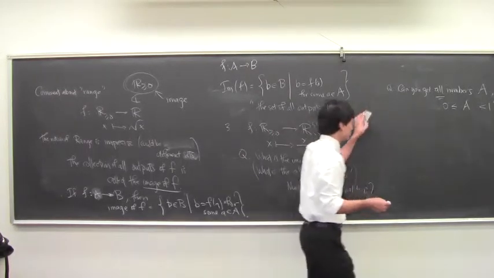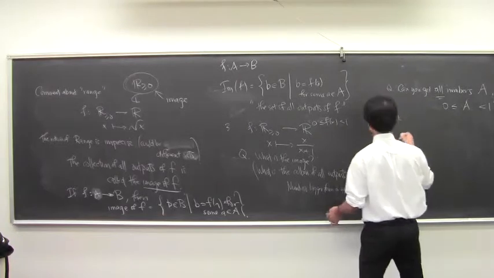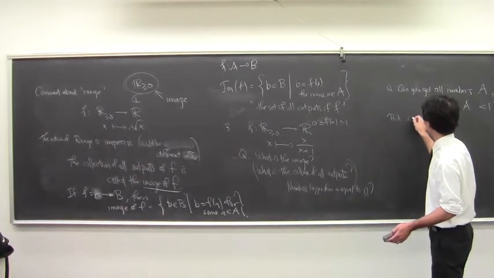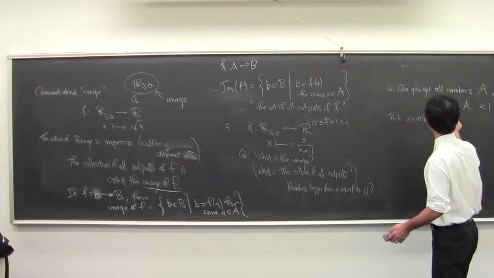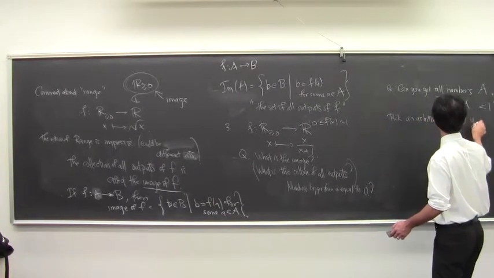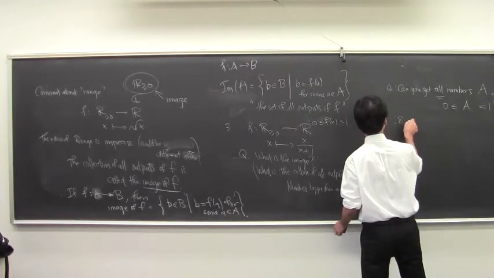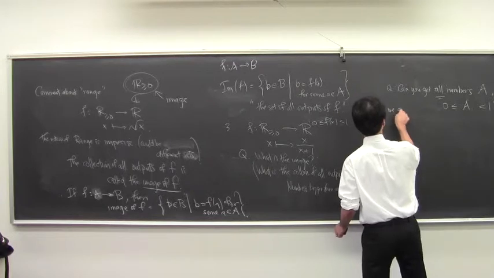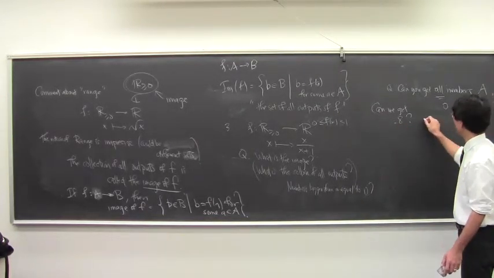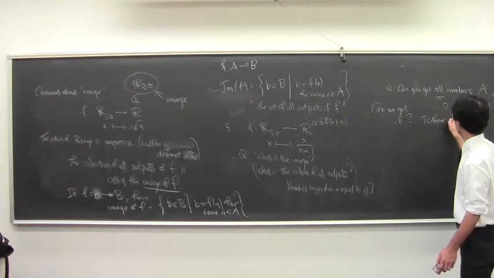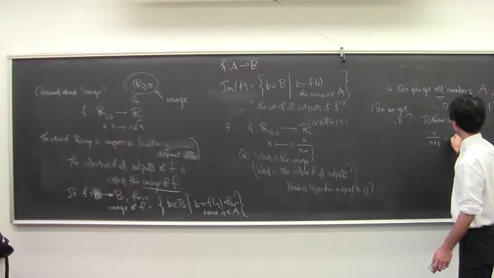Okay. So let's just think about it. Let's figure it out. Let's pick an arbitrary number. So earlier I said 0.8. Can we get 0.8? And maybe one way to think about it is like this. You say, well, is there an x such that x over x plus 1 equals 0.8?